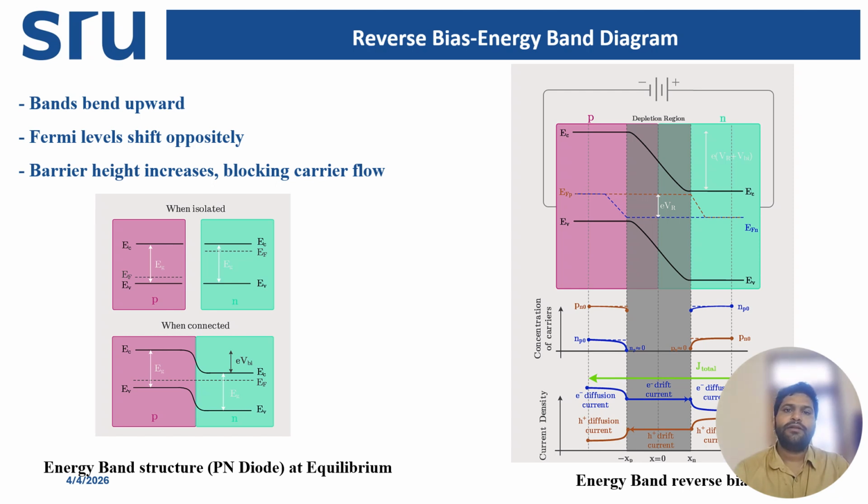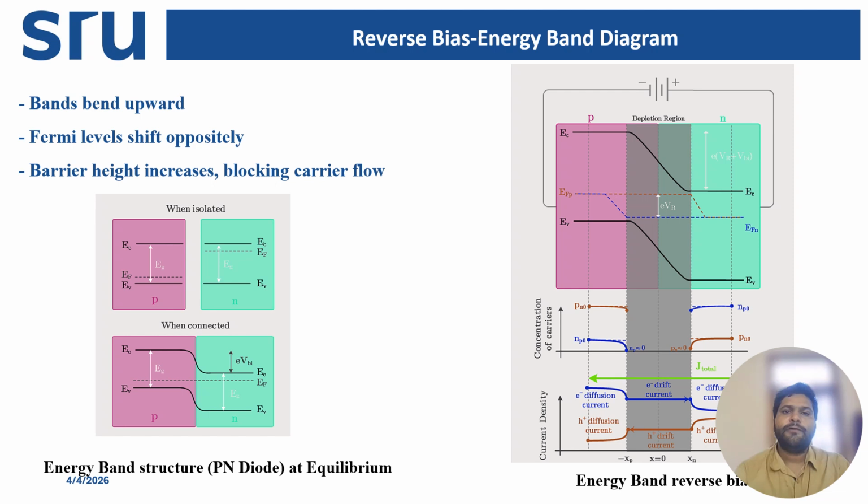So what happens to carrier movement in the energy band diagram? Majority carriers are pushed away from the junction. The depletion region widens. Only minority carriers contribute to the current. The current that flows is called the reverse saturation current. This current is very small.